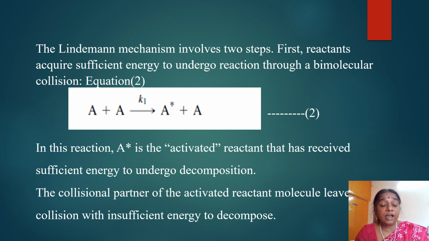In this reaction, A star is the activated reactant formed through bimolecular collision that has received sufficient energy to undergo decomposition to give the product, whereas the collisional partner of the activated reactant molecule leaves the collision with insufficient energy to decompose. So that is how the first step occurs.